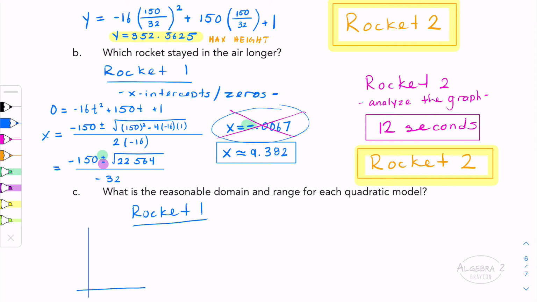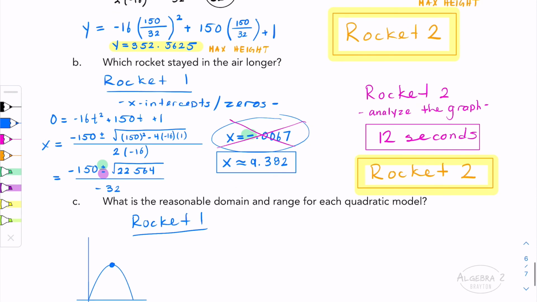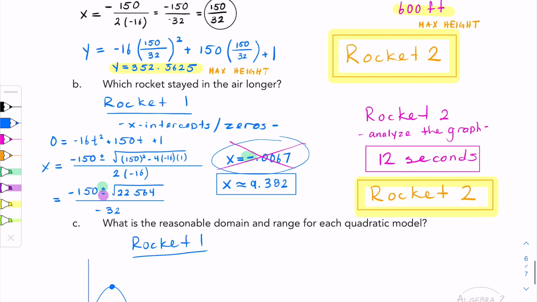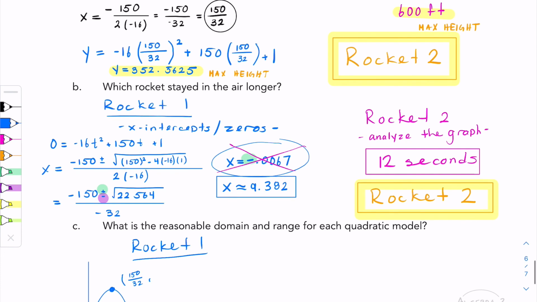So remember that a rocket cannot travel in negative time and it cannot travel in a negative distance. So it's going to start at 0. This graph goes up and it comes back down. Its vertex we already found to be x coordinate 150 over 32. And when we substituted that in, our y coordinate was 352.56 feet.